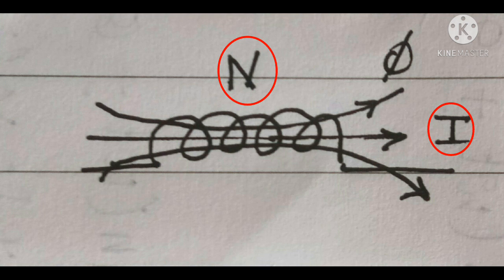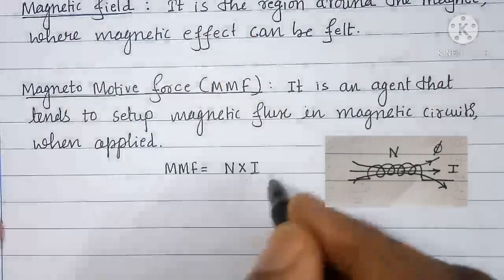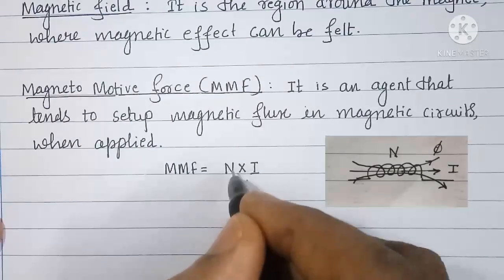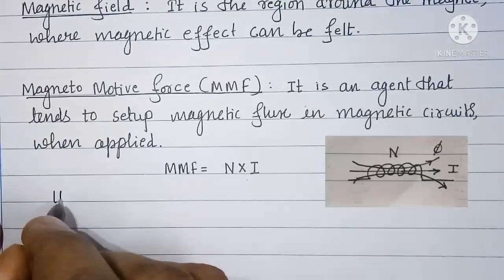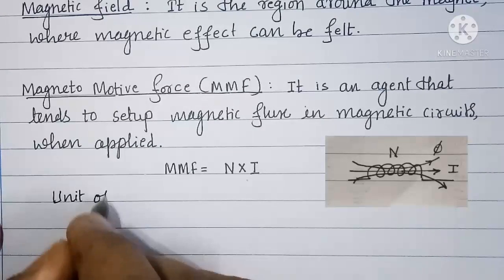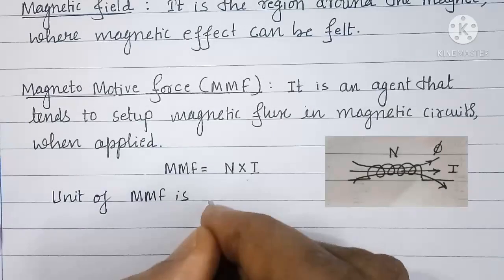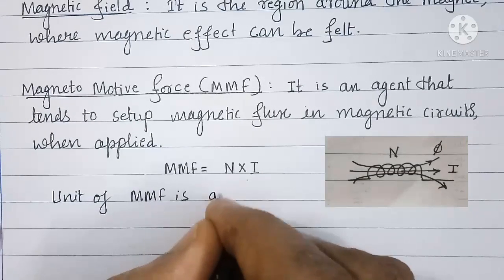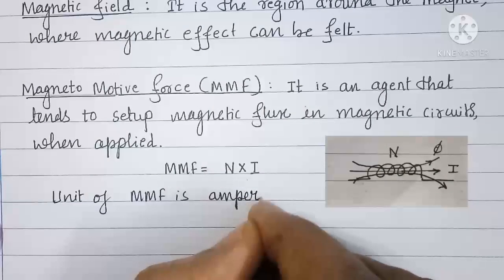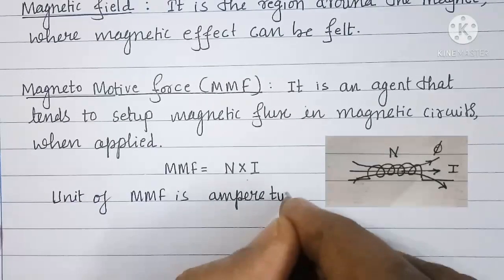Now, in calculation of magnetomotive force, we have to consider current I flowing through the coil and number of turns n in the coil. Definitely unit will be ampere turns. Unit of MMF is ampere turns.